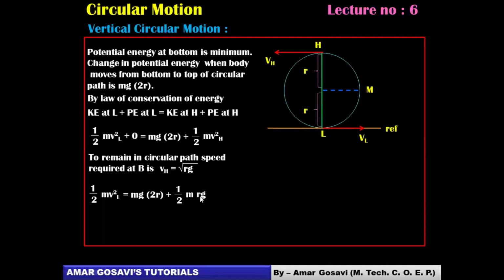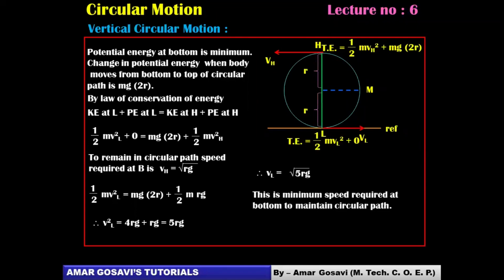Just square it and substitute it. Now shuffle everything. m can get cancelled, you can take m common. When you shuffle it, you will get vL square will be equal to, take the LCM, 4rg plus rg. So ultimately it will be 5rg. So velocity at the bottom ultimately will be given by root 5rg.